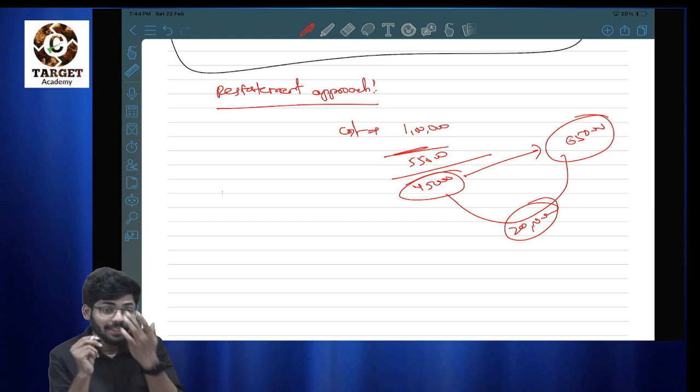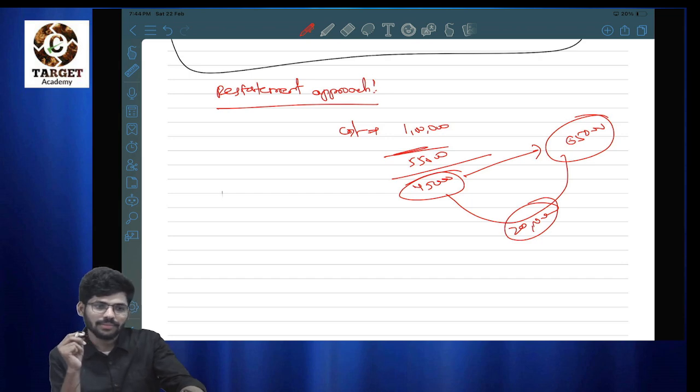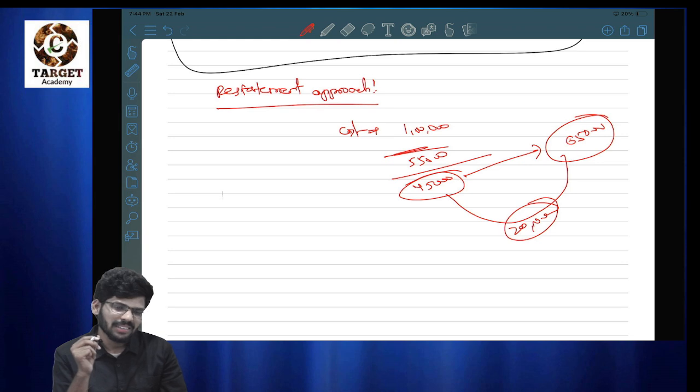What is the entry? Then where is the asset increased value? Please tell me that.